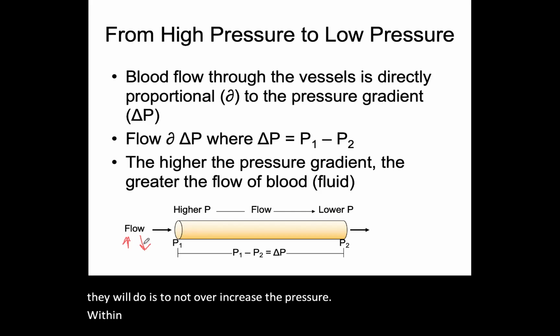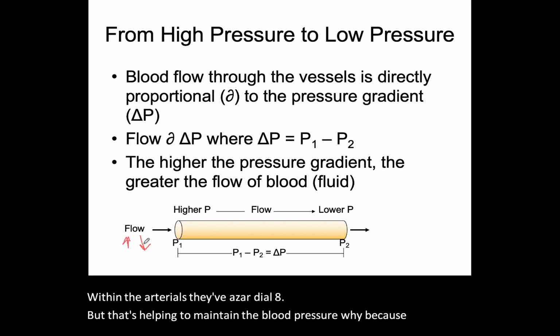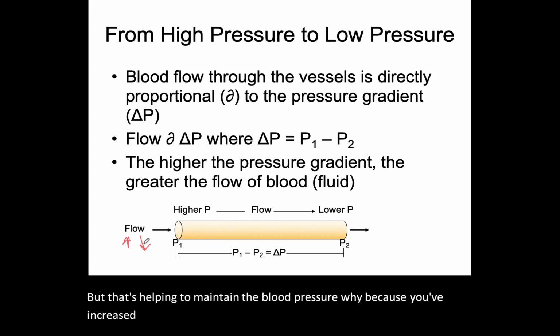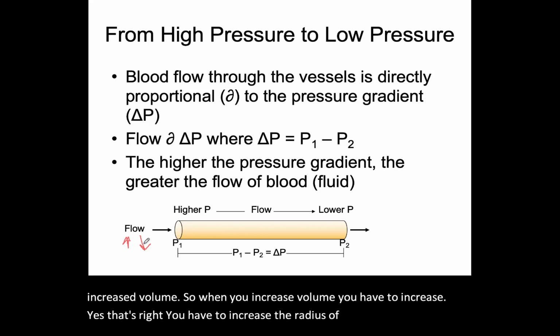They vasodilate, but that's helping to maintain the blood pressure. Why? Because you've increased volume. So when you increase volume, you have to increase, yes, that's right, you have to increase the radius of the artery to be able to maintain that pressure gradient.